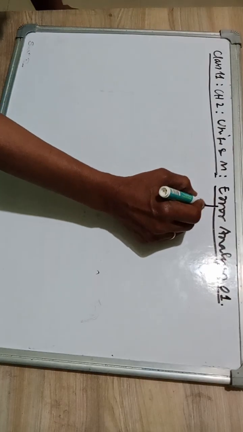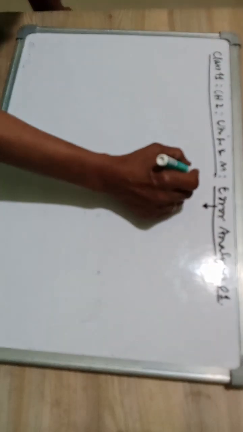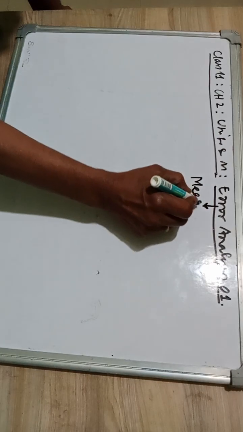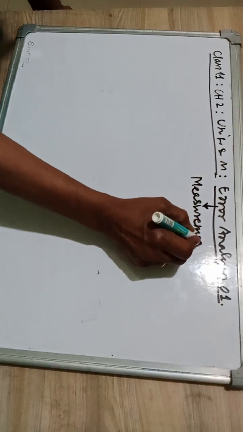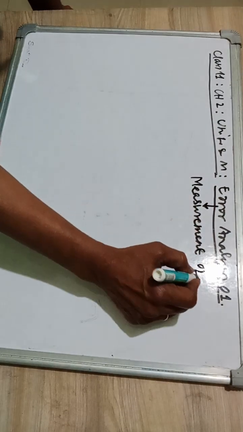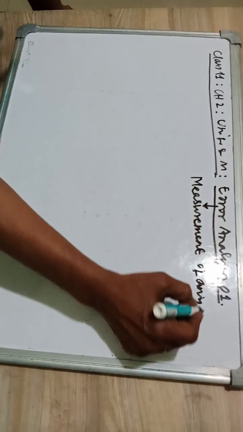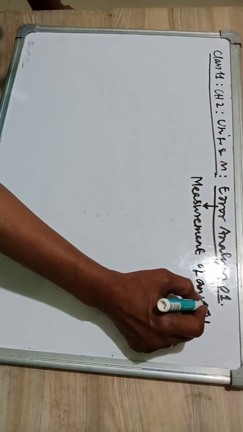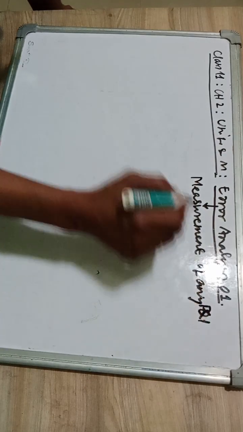Error analysis. This error is linked to measurement of any quantity, or here we say physical quantity in physics.